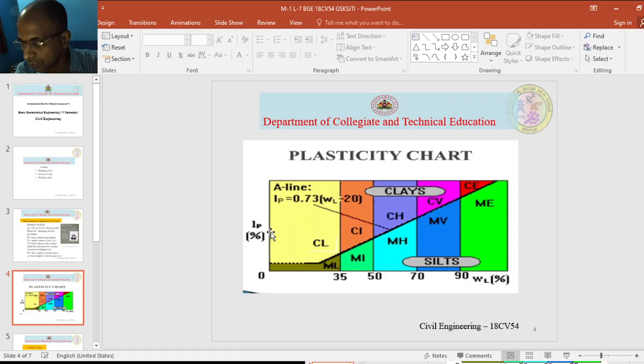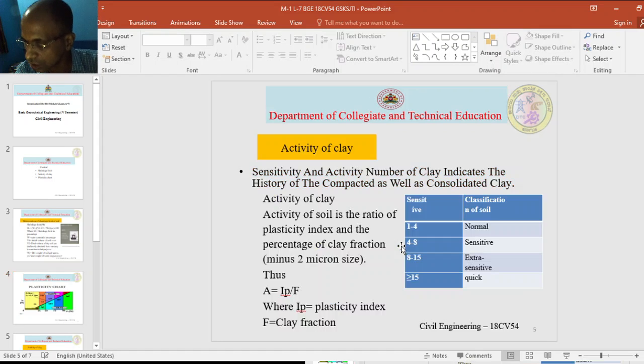If you plot liquid limit 60 and plasticity index 40 and it falls below the A line, then you classify that soil as silt of higher compressibility or organic soil of higher compressibility. Likewise, for classification of soil, we use this plasticity chart.